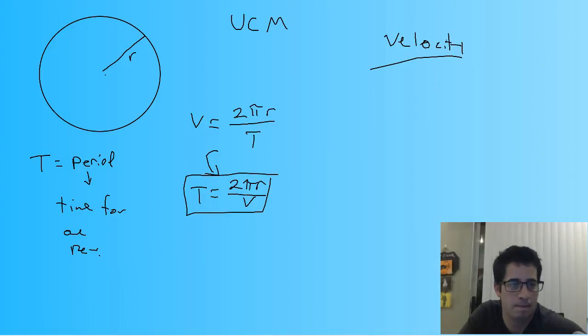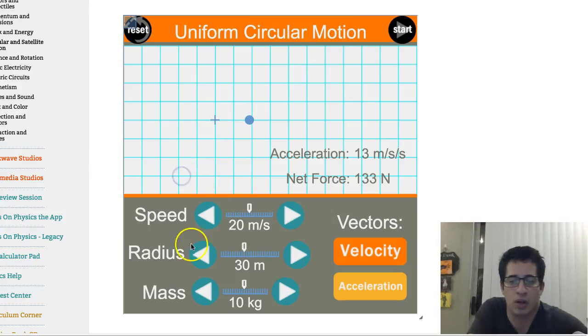If you take a look here, this is an activity where we can simulate uniform circular motion. Velocity is a vector, meaning direction is a factor, and when something is going in a circle, we actually see that direction changing.